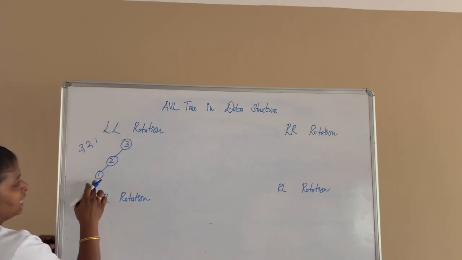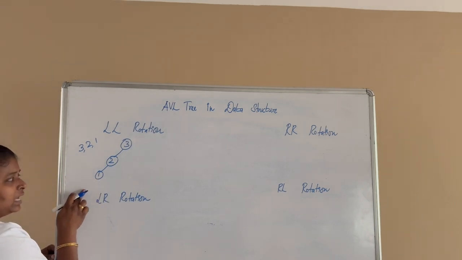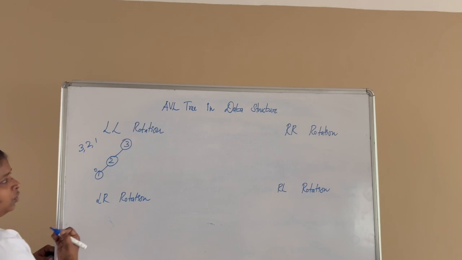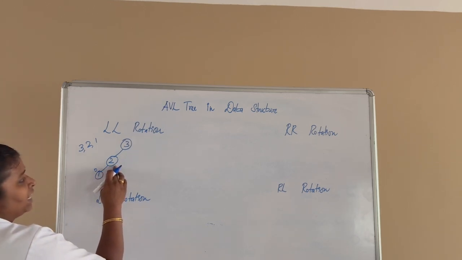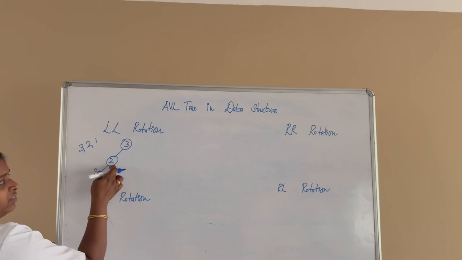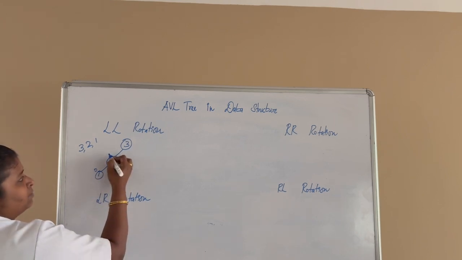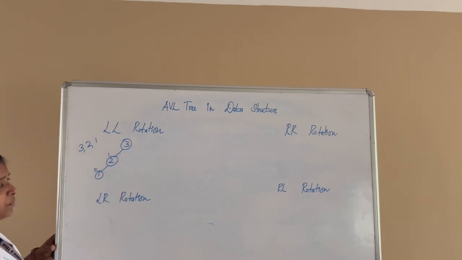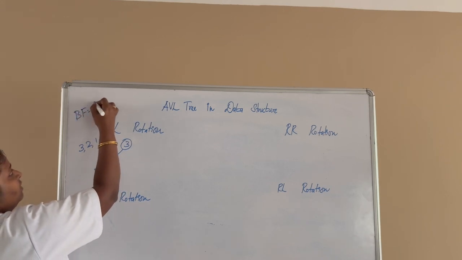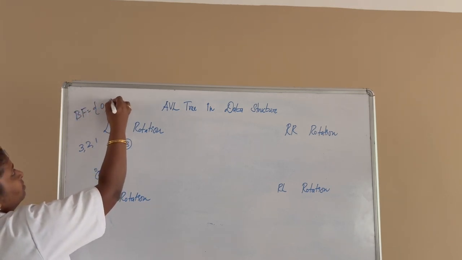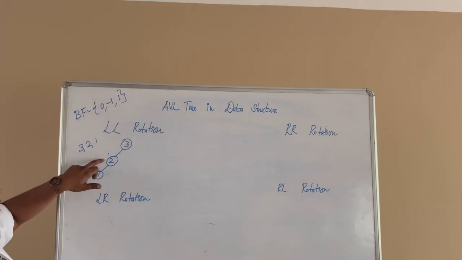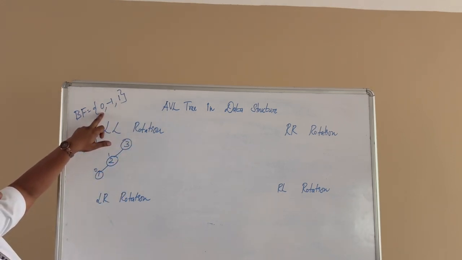Since it is a leaf node, it doesn't have any left or right subtree, so the balance factor will be 0. For node 2, the balance factor is height of the left subtree 1 minus height of the right subtree 0, so the balance factor is 1. It is within the limit, since the balance factor should be 0, 1 or minus 1.